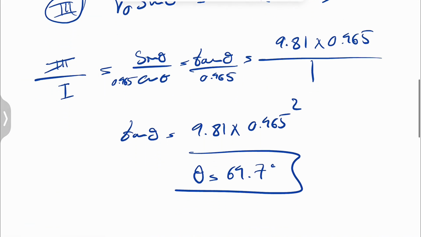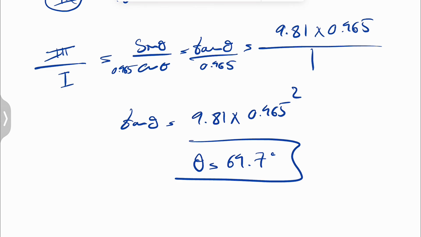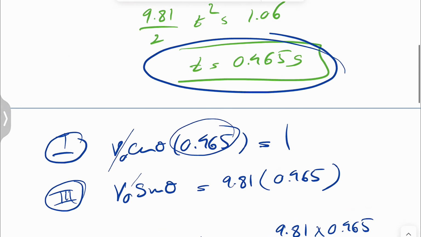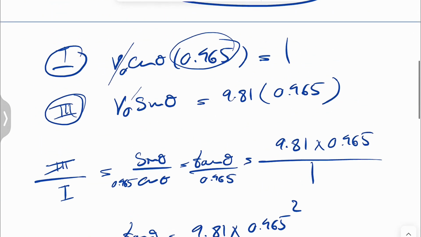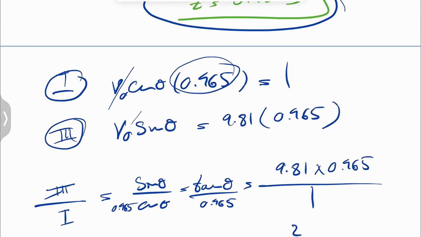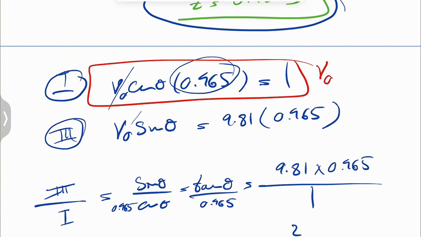Now that we have theta, the last thing is V0, and we just have to put that into one of these equations. We can just use the first equation. So V0 would be 1 over cosine of 64.7 degrees times the time, 0.465.